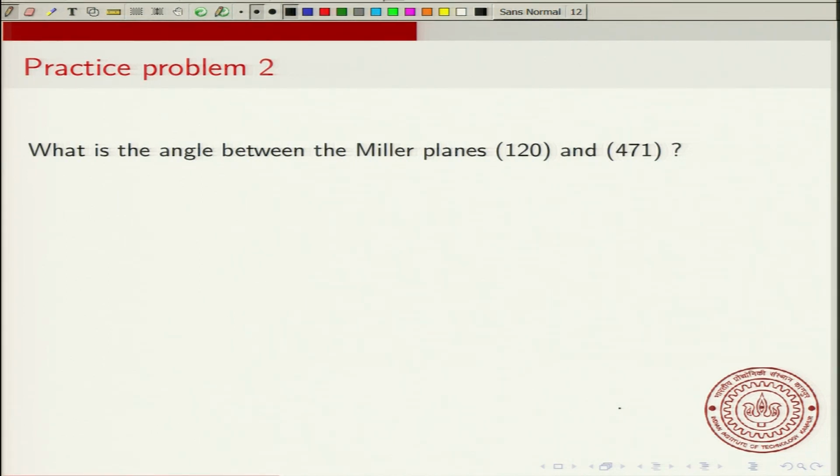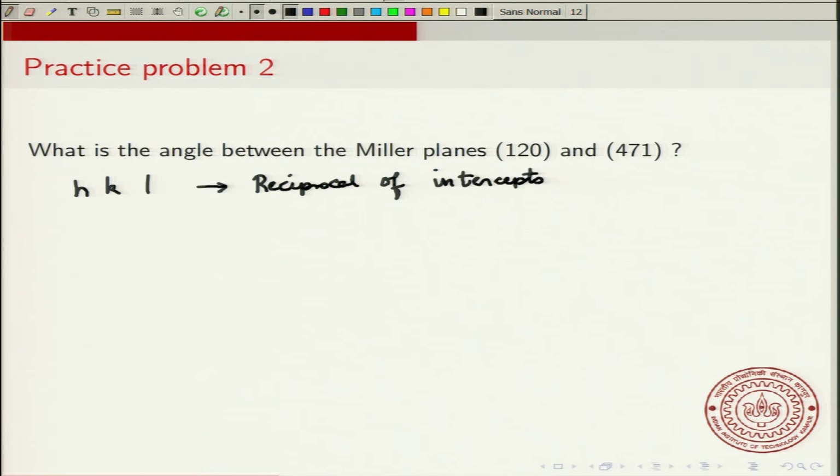So, we go back to the definition of the Miller indices. h, k, l, okay, are proportional to the reciprocal of the intercepts, okay.